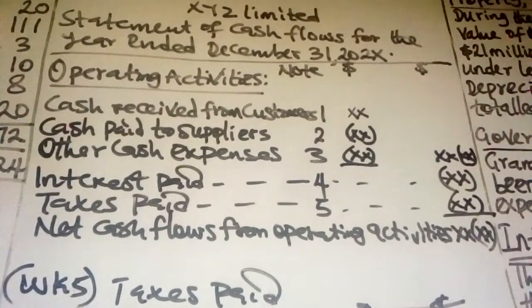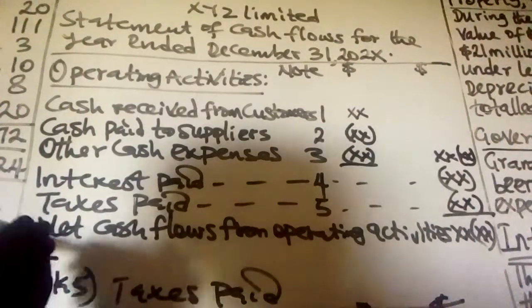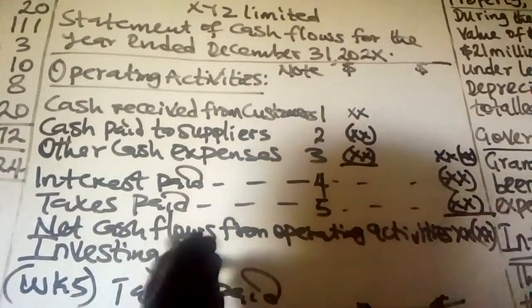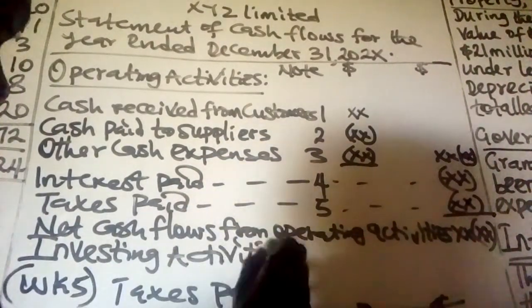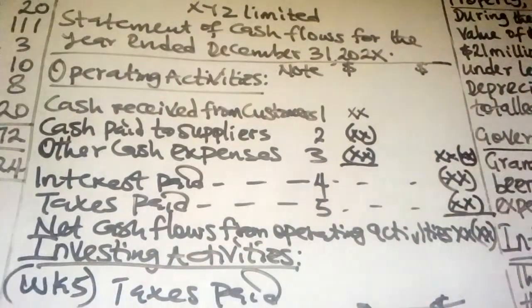After operating activity, the next heading is investing activities. I've explained investing activities earlier as activities that arise from the acquisition and disposal of non-current assets, or activities that result in or from changes in non-current assets and investment.